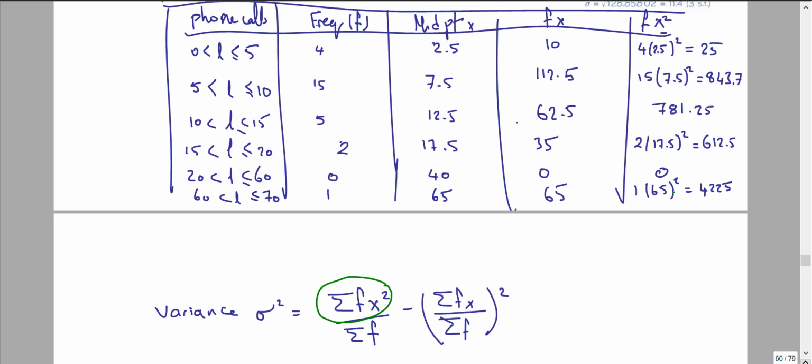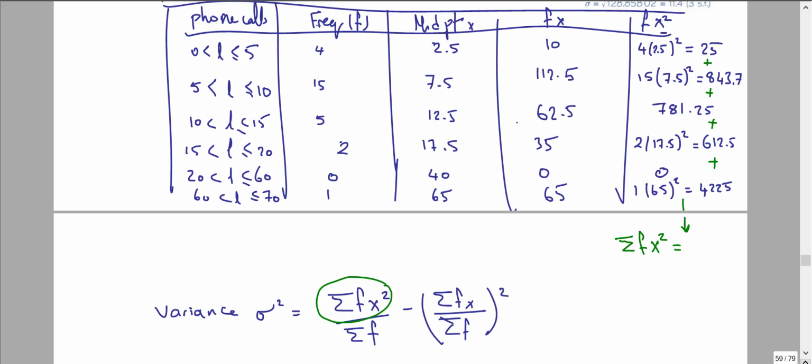From where? From the column of fx squared, from this column here. From this one we get sigma fx squared, meaning we add them all. 25 plus 843.75 plus 781.25 plus 612.5 and so on.